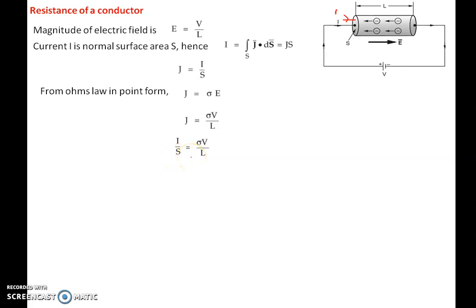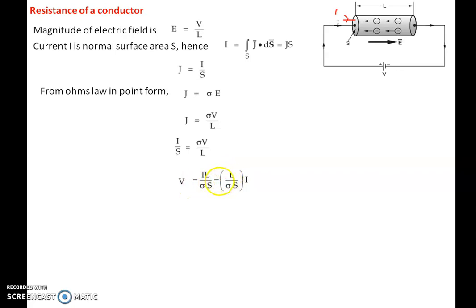Now rearranging this, you will get V is equal to I L by sigma S, or L by sigma S into I. V is directly proportional to I, and L by sigma S is the constant term.